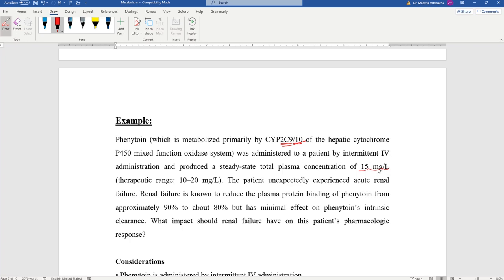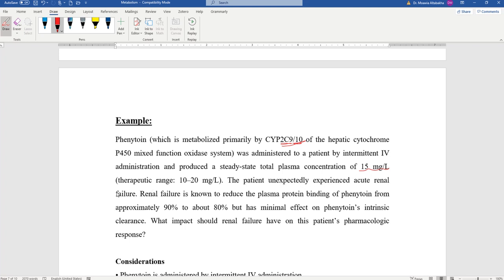Total, what does total mean? It means the free and the bound. That's what it means. The therapeutic range is 10 to 20, which is good. Meaning good to have 15 because it's in between 10 and 20, inside the therapeutic range. Okay, the patient unexpectedly experienced acute renal failure.